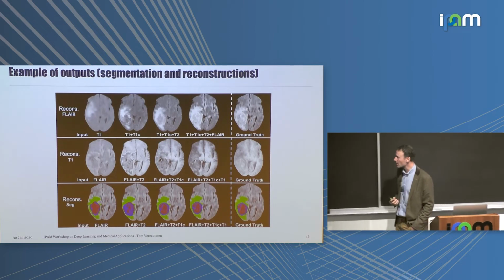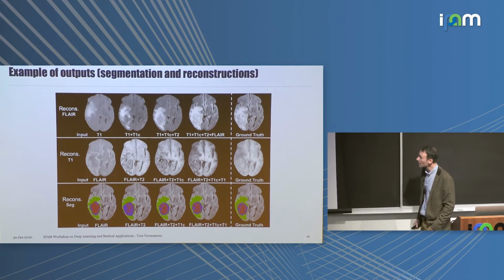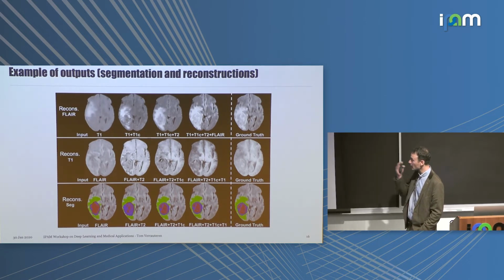And it turned out this works rather well. What you can see here are just exemplars, where we try to reconstruct the FLAIR on the first row, the T1 on the second row, and get the reconstructed segmentation on the third row, given a different subset of modalities.